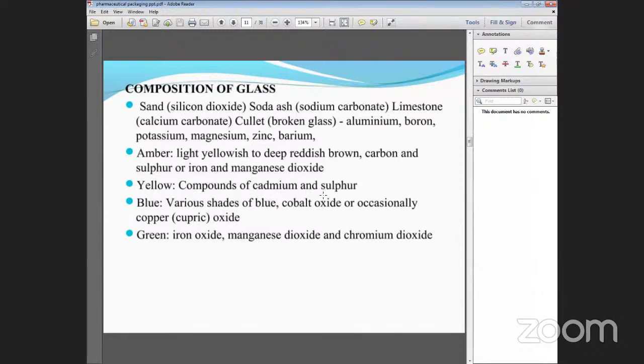If we need various shades of blue, cobalt oxide and copper or cupric oxide is added to make blue glass. If we need green glass, we use iron oxide, manganese dioxide and chromium dioxide. These are used to prepare the various colors of glass containers.